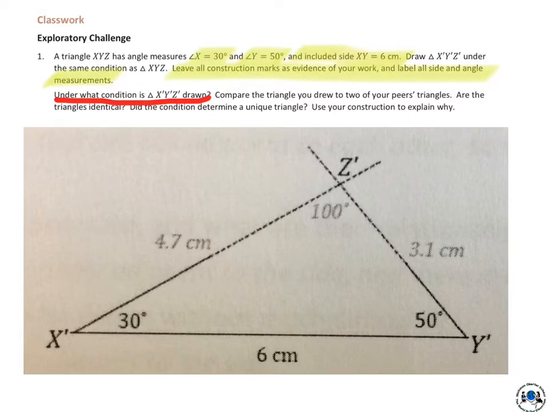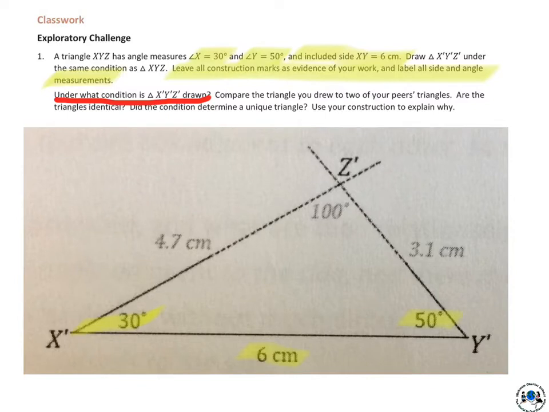So we have angle X equal to 30 degrees, Y at 50 degrees, and the included side XY is 6 centimeters long. Now we've drawn X prime, Y prime, Z prime, and there we go.